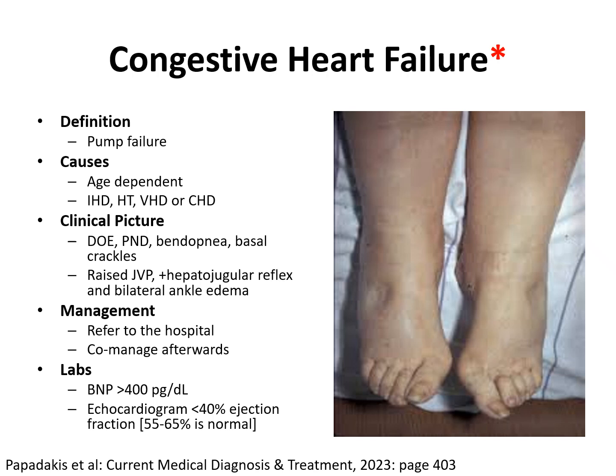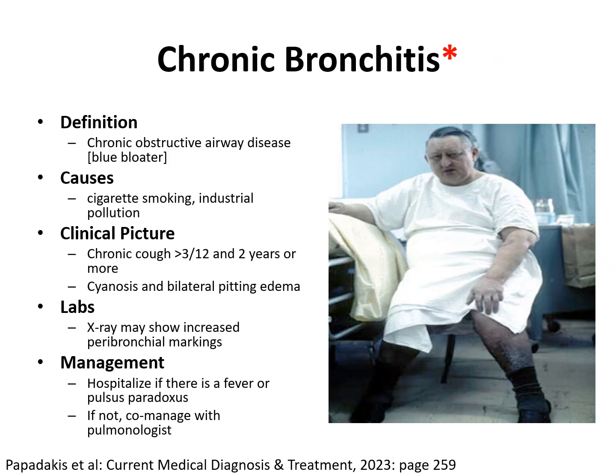The gold standard for congestive heart failure is the echocardiogram, and you're looking for an ejection fraction less than 40%. Remember, the normal ejection fraction on an echocardiogram is between 55 and 65%. The next cause of edema associated with shortness of breath is chronic bronchitis, one of the two causes of chronic obstructive airway disease.